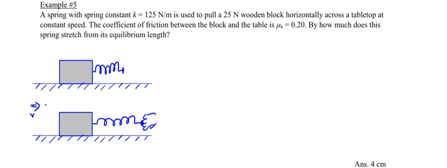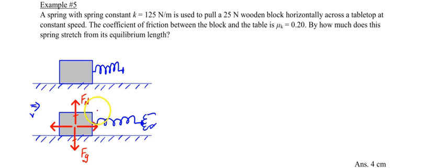So I would then draw a free body diagram for the block. We have the vertical forces of the normal force and the force of gravity going down, and these are equal and opposite. We also have the forces acting to the right and to the left.